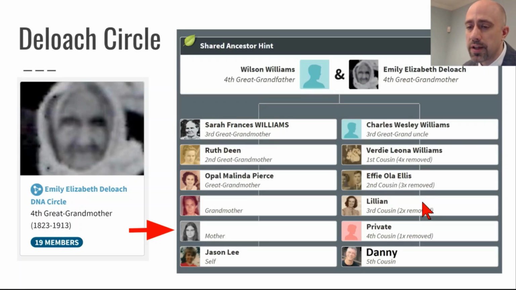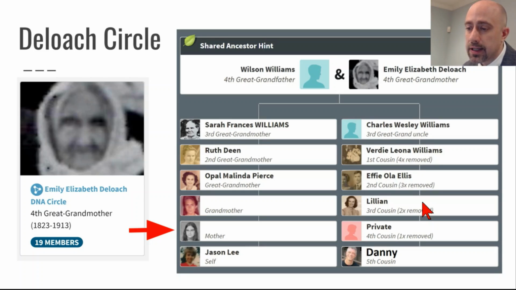This is an example that I presented before. This is my Emily Elizabeth Deloach circle, and I want to emphasize this example again because it's a very important example. So I'm in the Emily Elizabeth Deloach DNA circle in part because I share DNA with one of her descendants, cousin Danny.